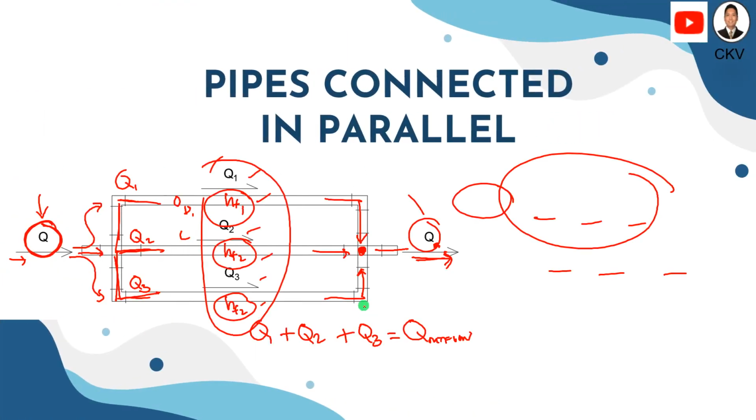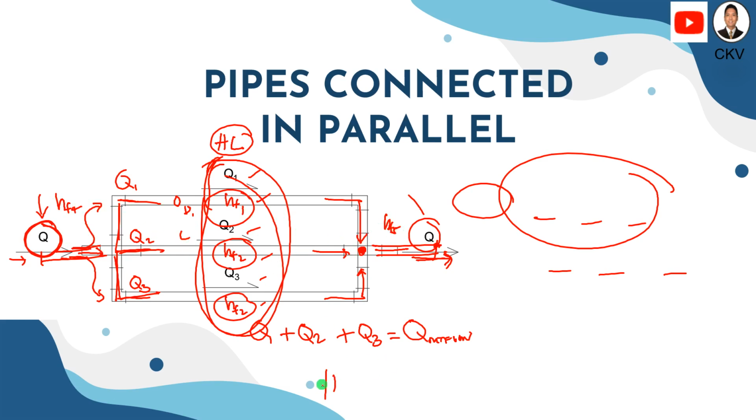On the other hand, the head loss on these parallel pipes is the same, but if there is an additional pipe on the inflow and on the outflow, let's say this is HF4 and HF5, the head losses on both the inflow and outflow pipes.